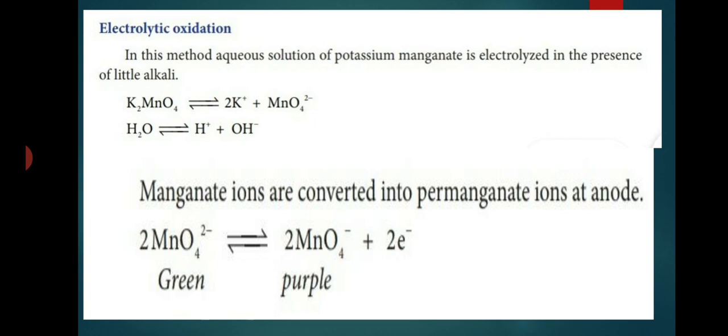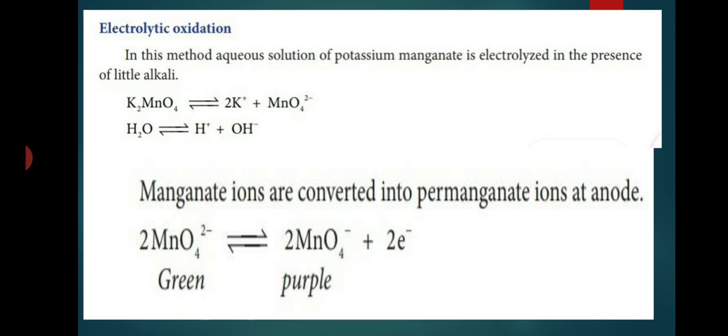K2MnO4 gives 2K plus and MnO4 2 minus, so it is electrolyzed into cation and anion, and H2O is converted to H plus and OH minus. At the anode, manganate ions are converted into permanganate: 2MnO4 2 minus is converted into 2MnO4 minus plus 2 electrons.